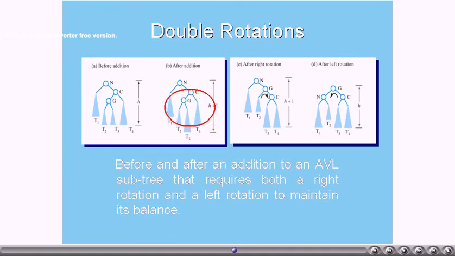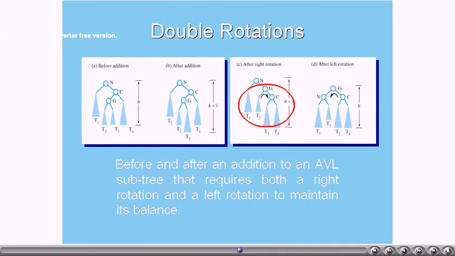However, the situation demands 2 rotations. With one single rotation, we cannot achieve the balance. First, we rotate about C, and then we rotate about N. We rotate the subtree rooted at C towards the right direction.